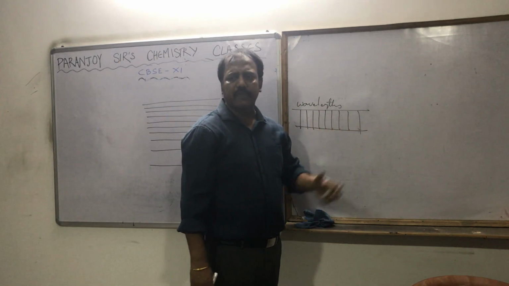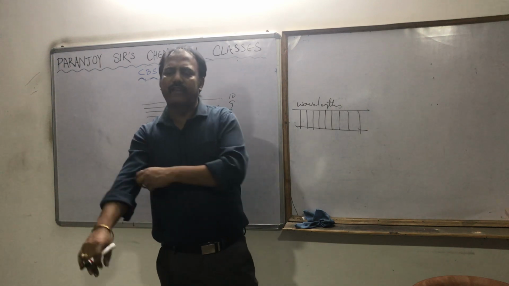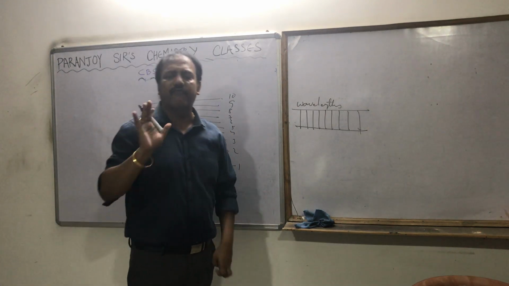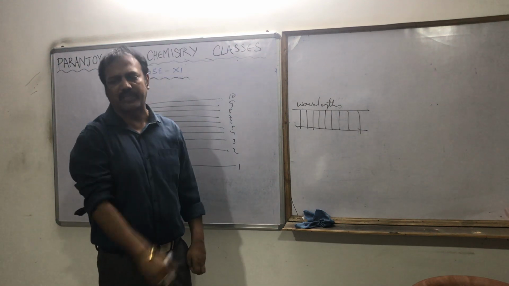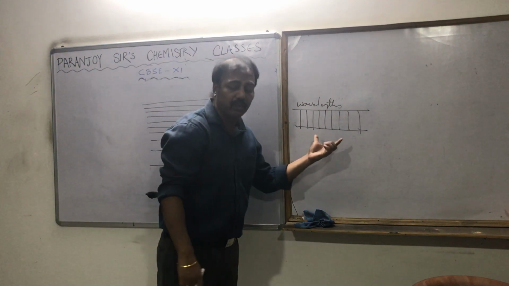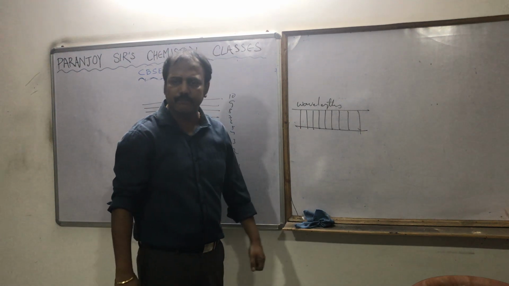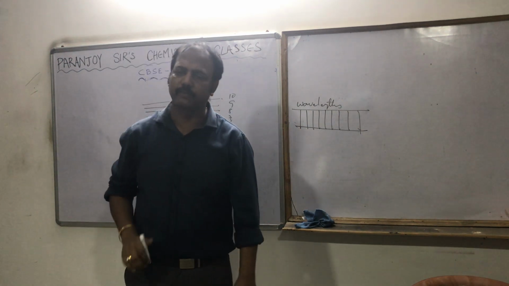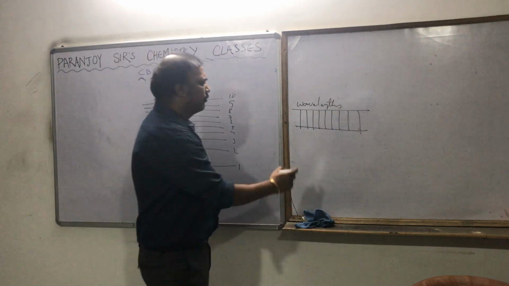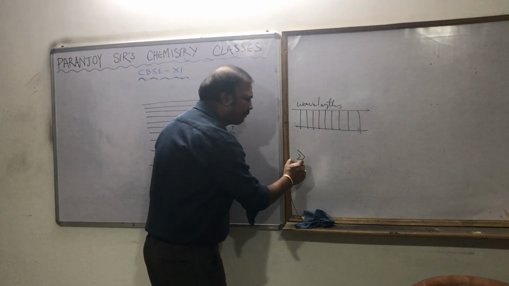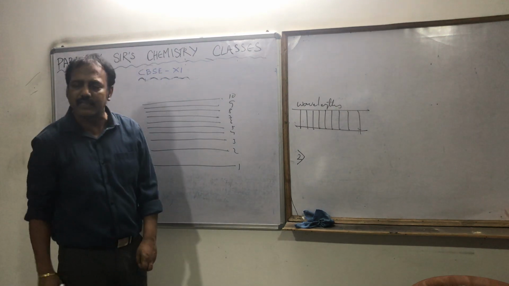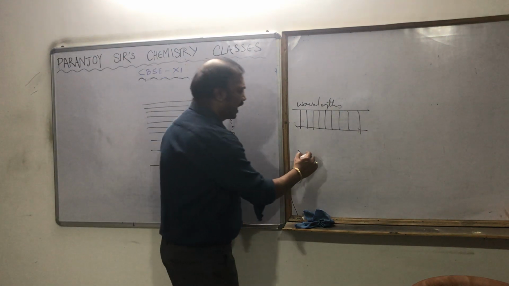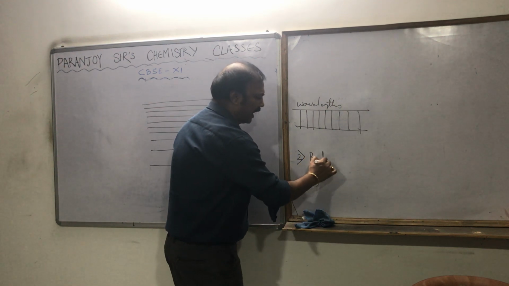After they started the experiment, there were 5 different scientists. 5 different scientists got 5 different sets of lines, 5 different series of lines in the emission spectrum. The first one was established by, which I am writing number 2, a scientist called Balmer, B-A-L-M-E-R.